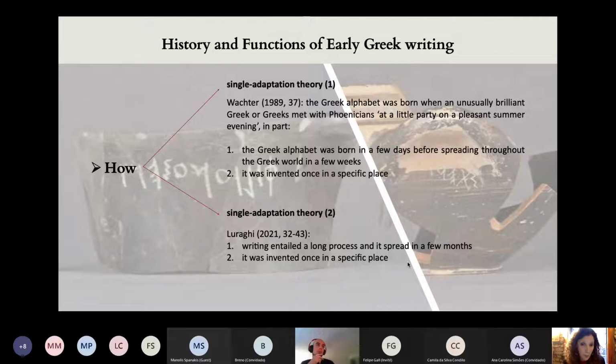And the second theory, which I think is more reasonable, is that the process of inventing the new alphabet was a long process, in terms of years, and then it spread in a few months, because it's reasonable to think that after this very huge technology started to function, other people spread it very easily and quickly.